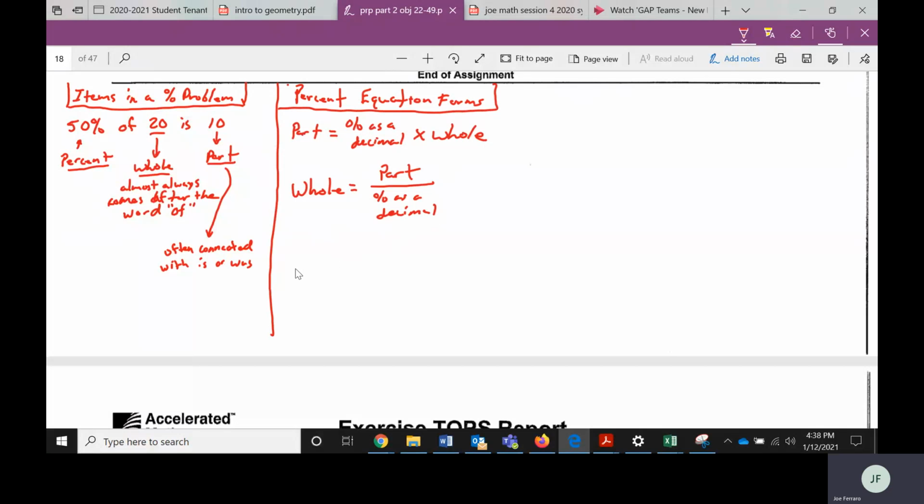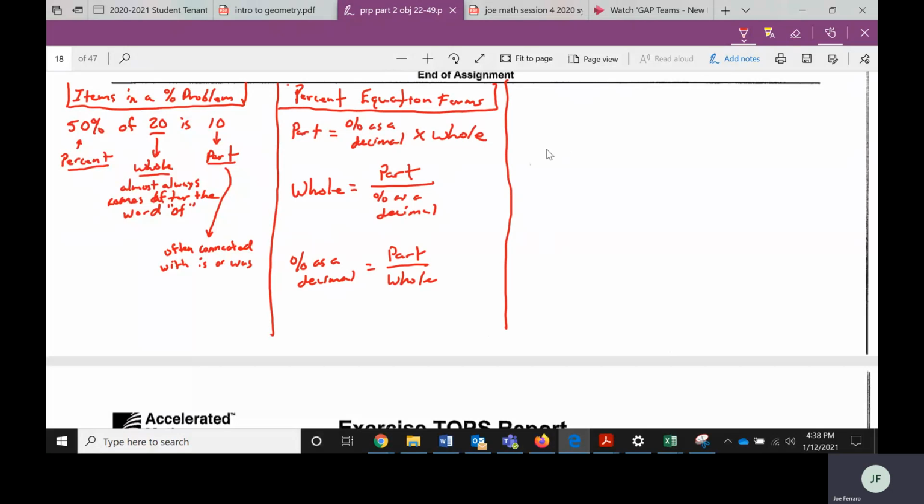And the third one is if you're looking for the percent, we don't find the percent right away. We find the percent as a decimal, and we convert it by taking the part divided by the whole. Okay, so those are the percent equation forms.